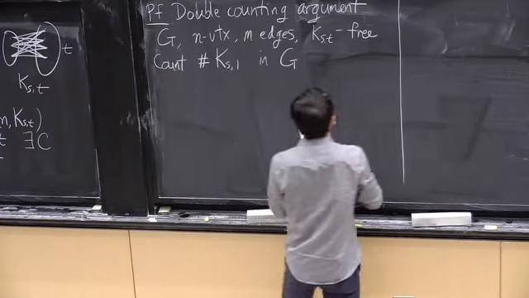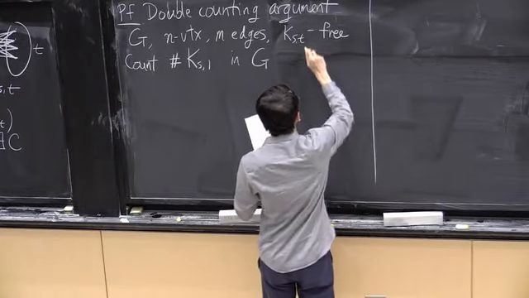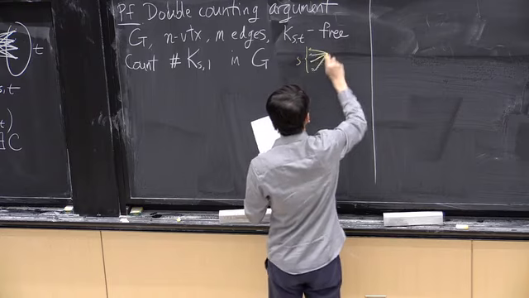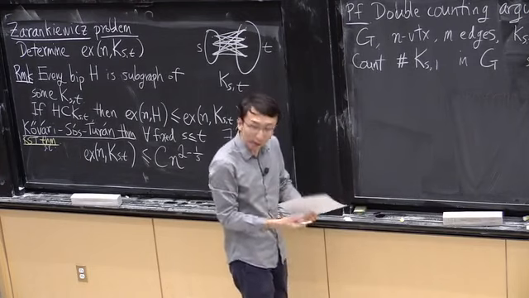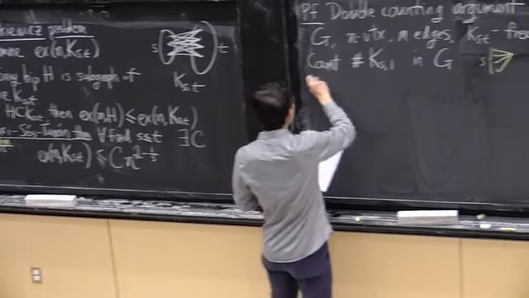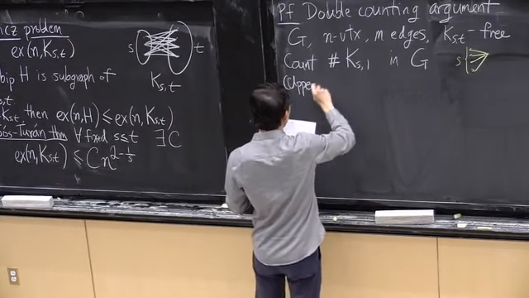So we're counting configurations like that. Do an upper bound and a lower bound. So let's start with the upper bound.